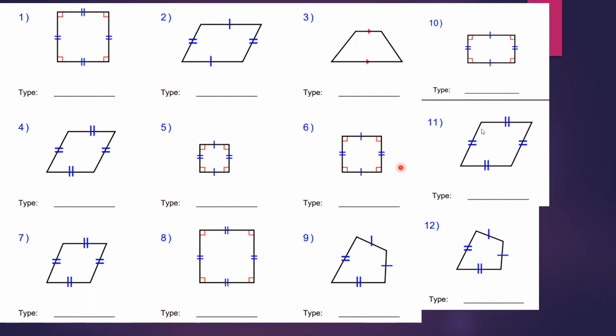Okay, good. Alicia, what number are you on, Alicia? Alicia Brown, what number are you on?